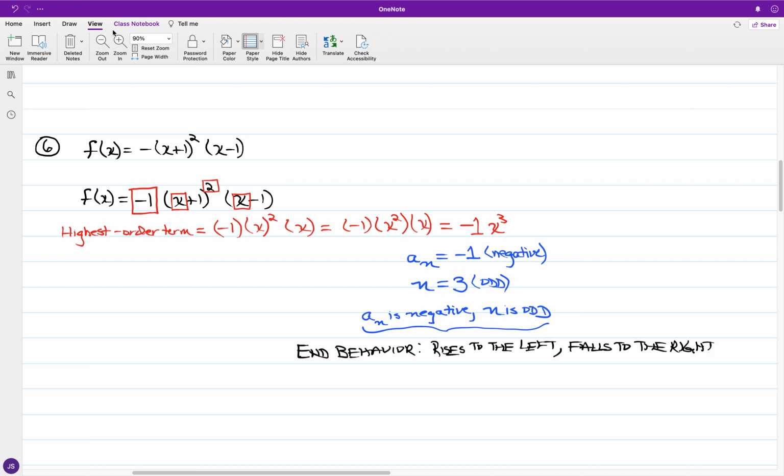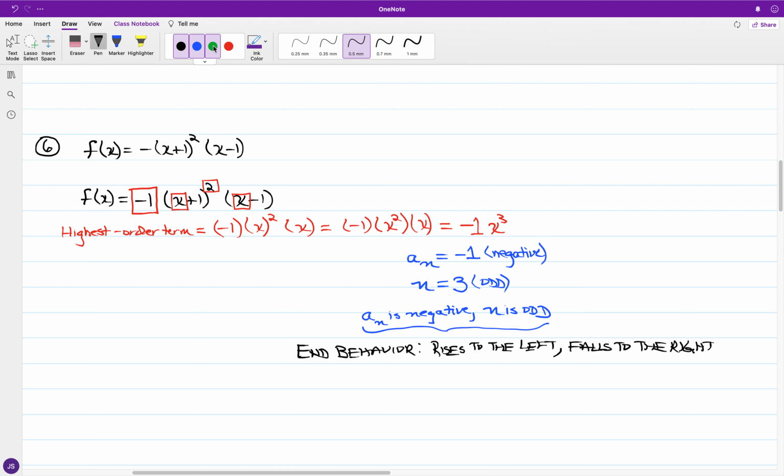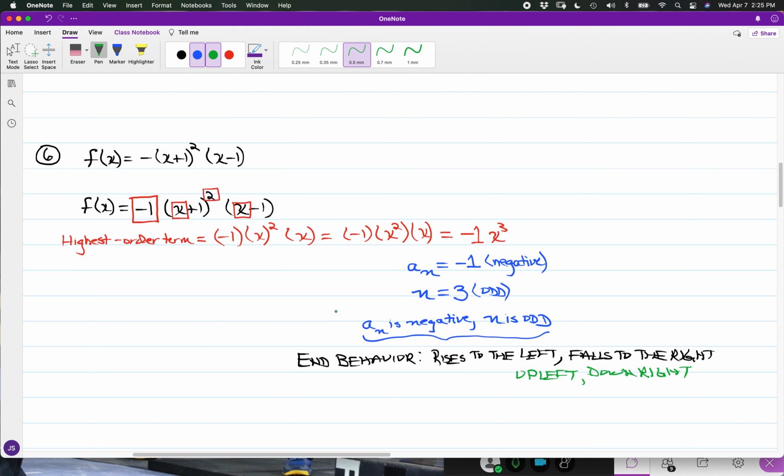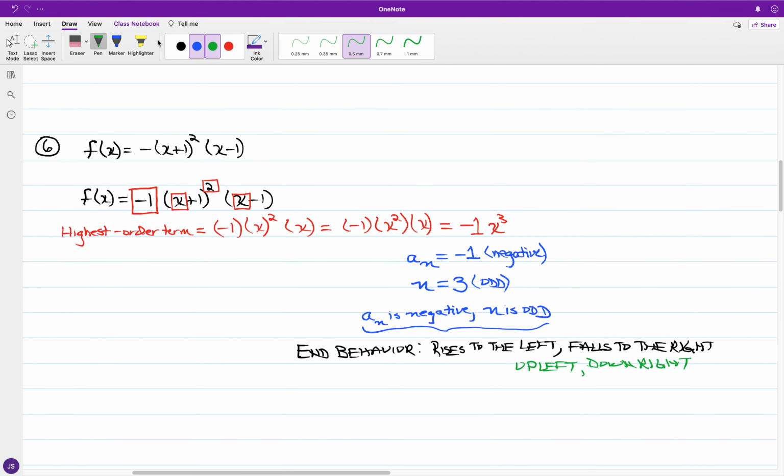Or another way of phrasing it, up to the left and down to the right. So you've got your end behavior, which is what we have in part A.